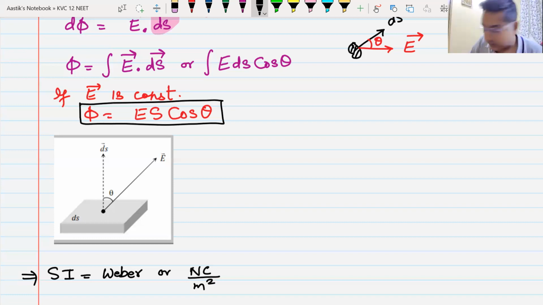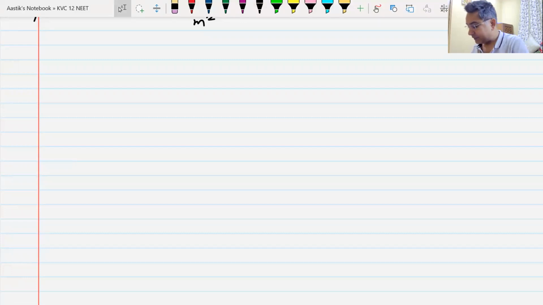Okay. Now this electric flux, as you can see, is a scalar quantity. So it can be positive, it can be negative, or it can be zero as well. Now we can see the different cases here.